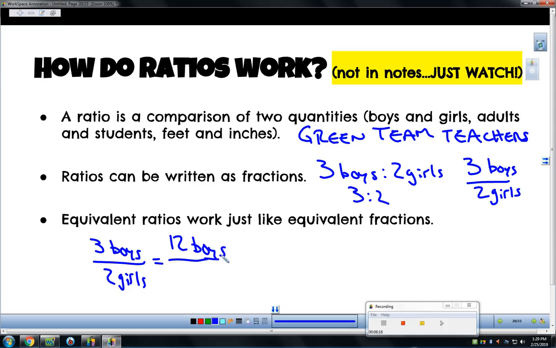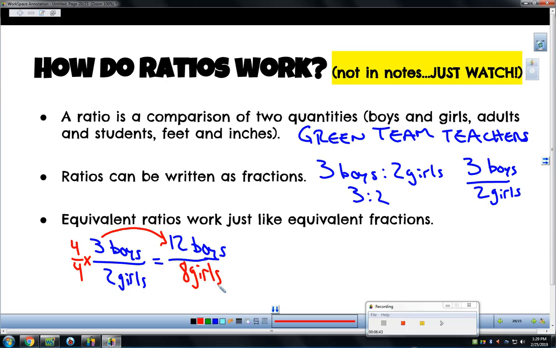And I asked you how many female teachers there were. So you would ask yourself, how did I get from 3 to 12? I multiplied it by 4. So I would have to do the same thing to my denominator. So 4 times 2. If there are 12 male teachers, according to this ratio, there are 8 females.